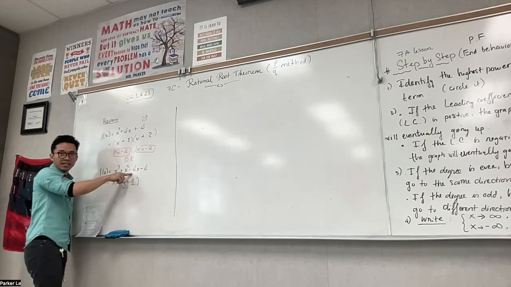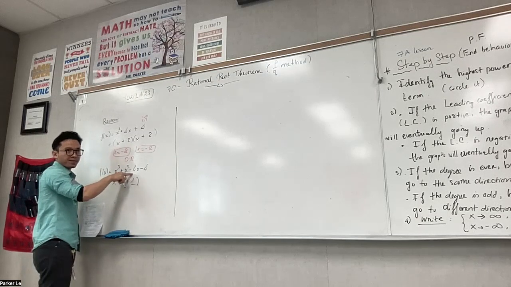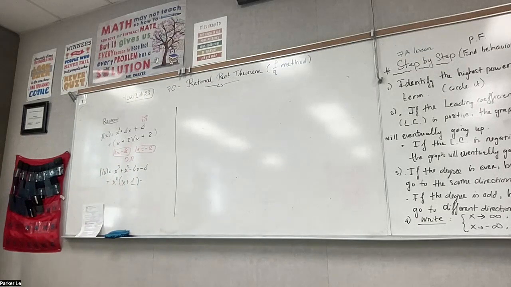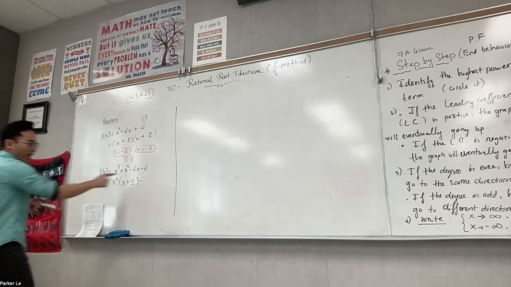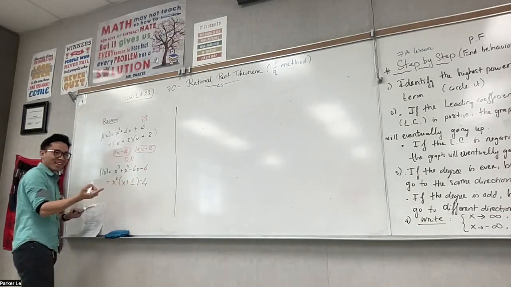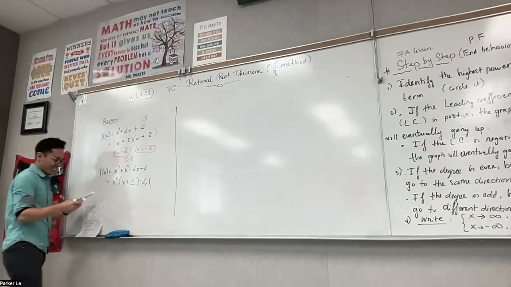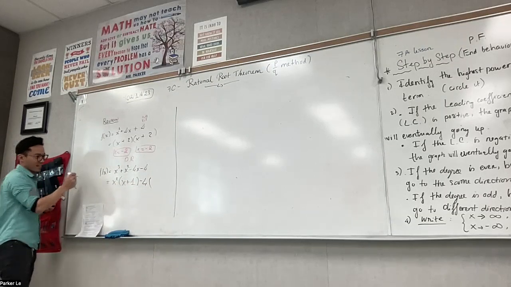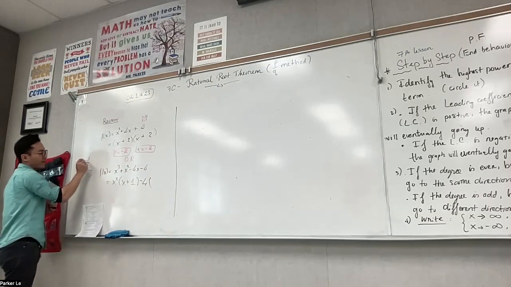What is the GCF for the last 2? What should I take out? -4x and -4. You take out -4. There's no x over here. Okay, -4x.